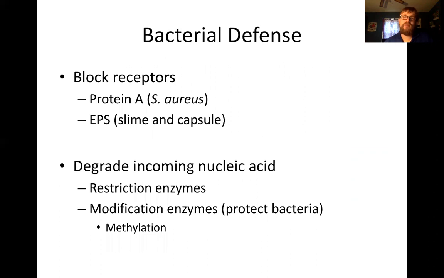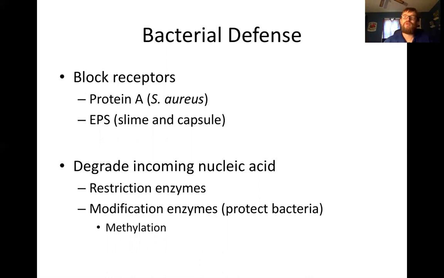And so some of the basic things that bacteria are doing is that some of them are actually blocking receptors. If you remember when we talk about viruses, viruses are using their spikes to attach to cells, and a lot of times that attachment point is a specific receptor.